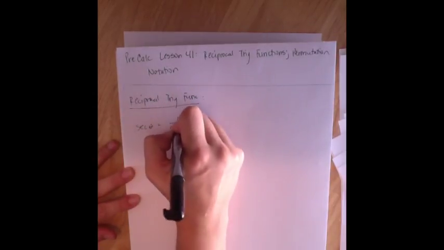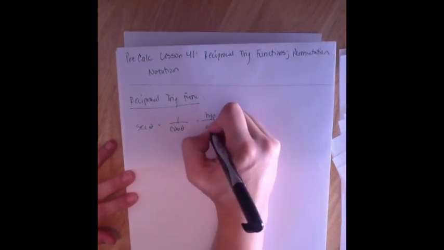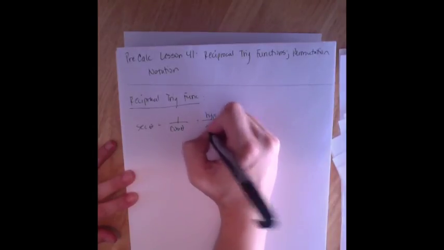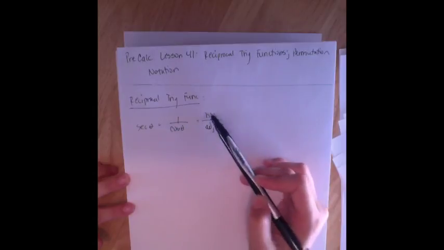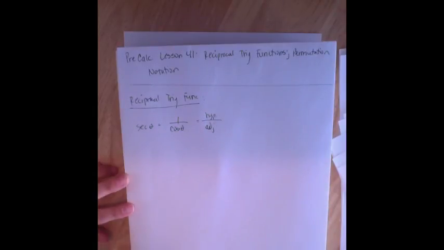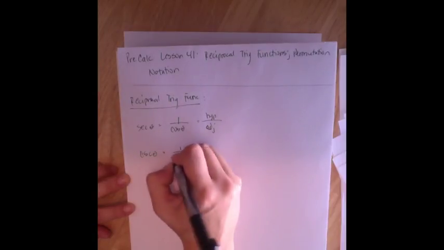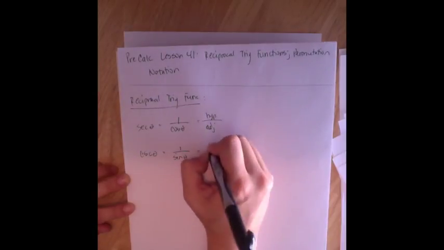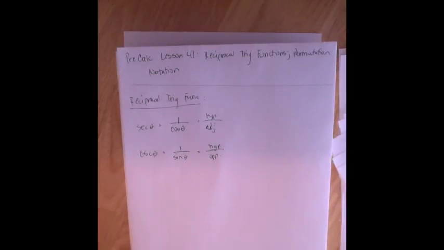Secant of theta is 1 over cosine of theta. And we find it by doing the hypotenuse over the adjacent, which is the opposite of cosine, which is adjacent over hypotenuse. The cosecant of theta is 1 over the sine of theta, and this is hypotenuse over opposite.